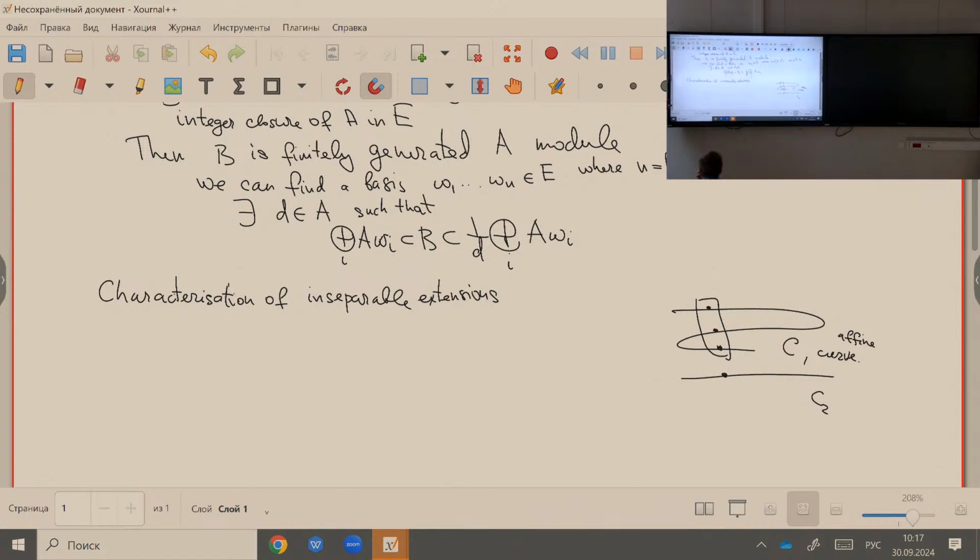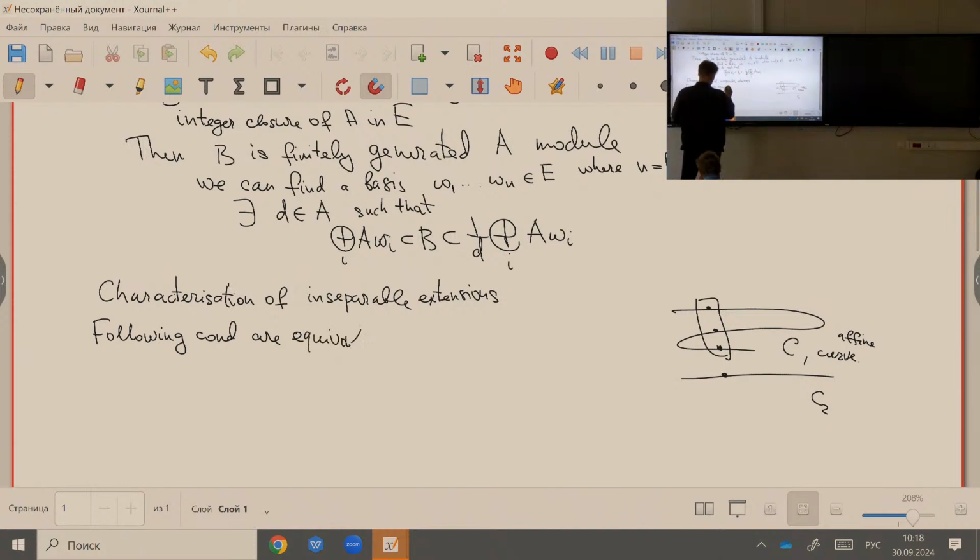So the following conditions are equivalent. First of all, that the separable degree is equal to 1.